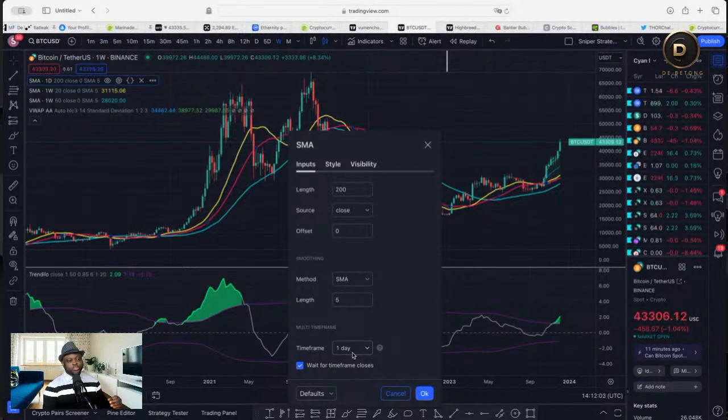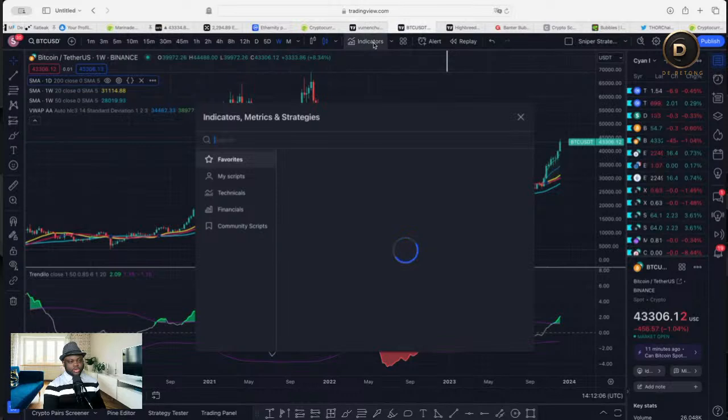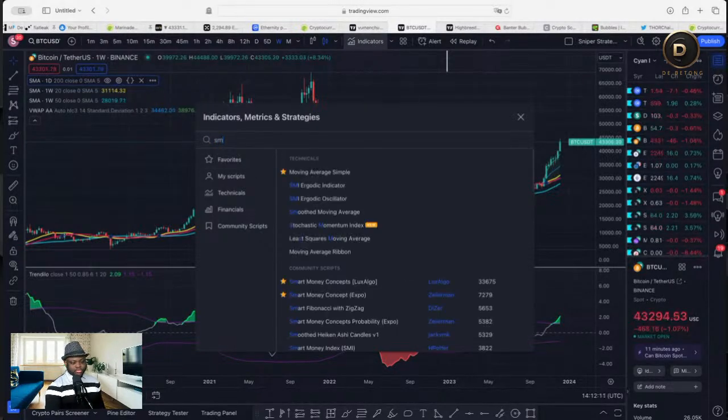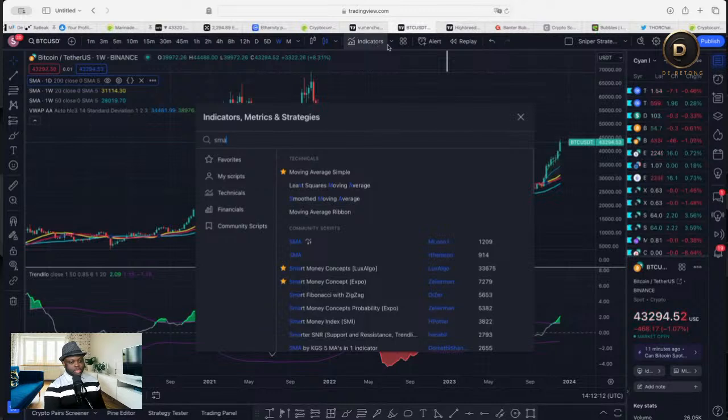When you want to add the SMA, you go to indicators and search MA, smooth moving average, or simple moving average. When you click on that, it's going to appear.